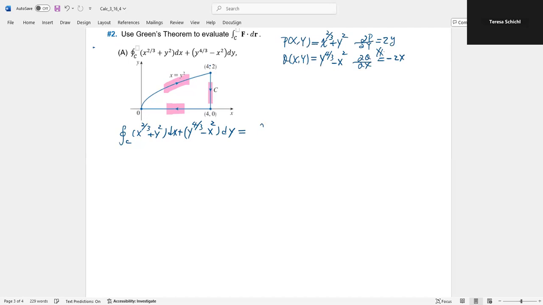I put the backward C here, so this is x to the 2/3 plus y squared dx plus y to the 4/3 minus x squared dy. Because I reversed the curve, I need to put a negative sign here.